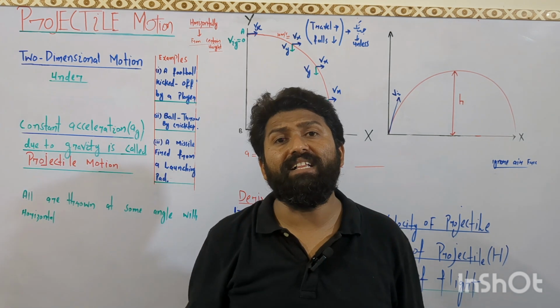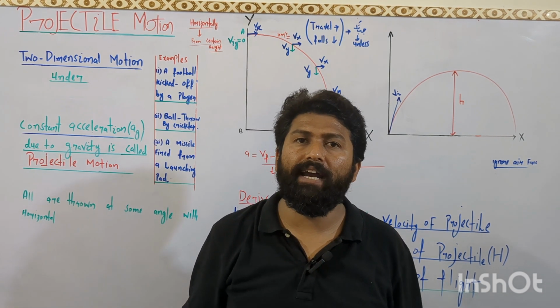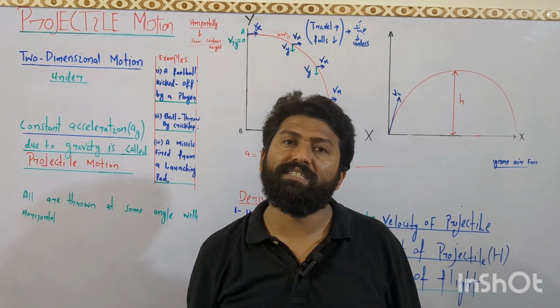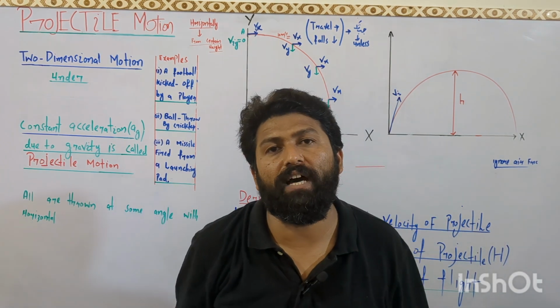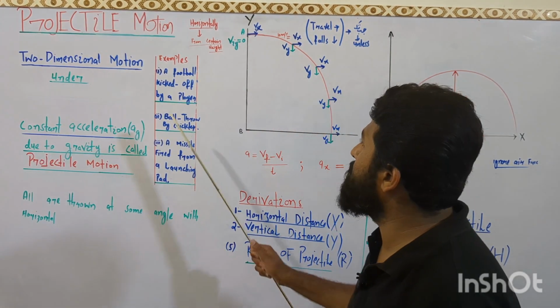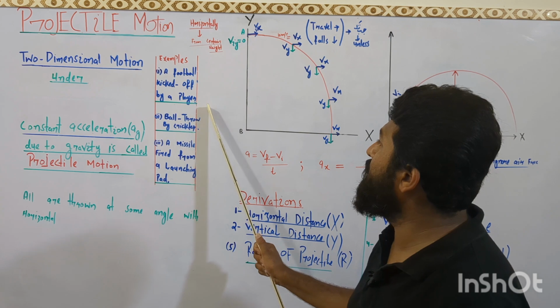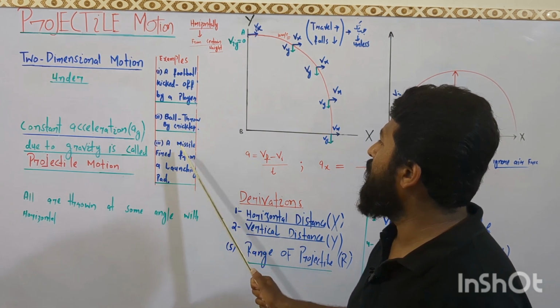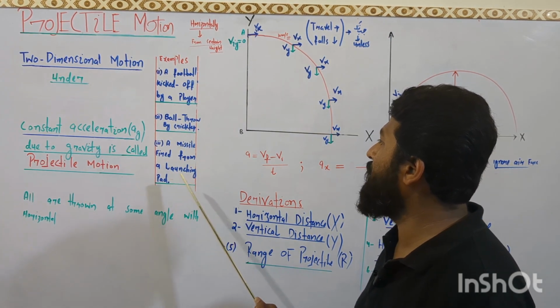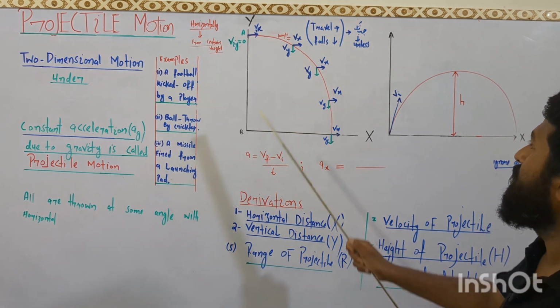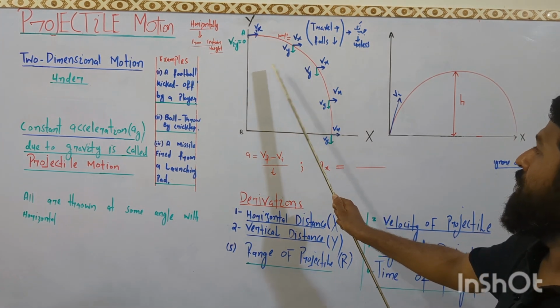For example, missiles are launched from the pad, and the motion of missiles is also projectile motion. So the three examples are: a football kick of a player, a ball thrown by a cricketer, and a missile fired from a launching pad.